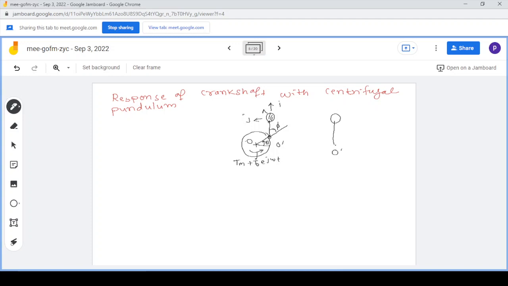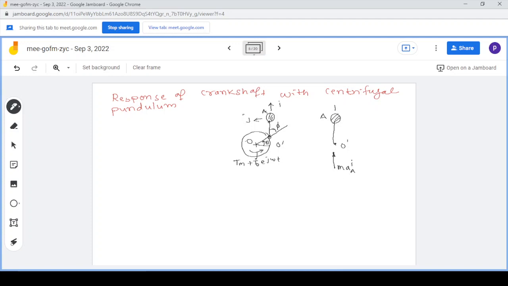This is the point A. And on this point, the inertia force acting is M A. That is by using D'Alembert's principle, or by using Newton's second law of motion, we can write down the inertia force acting.